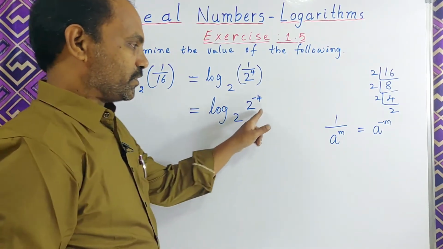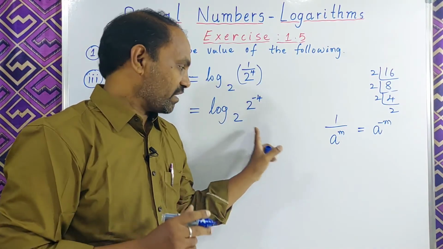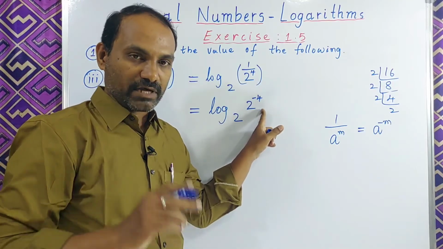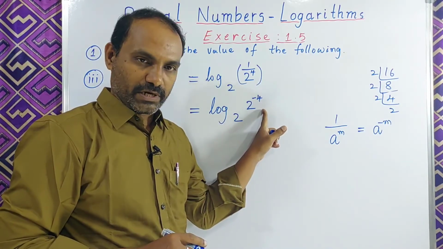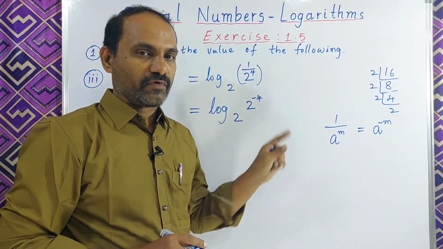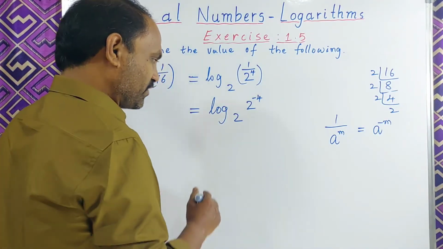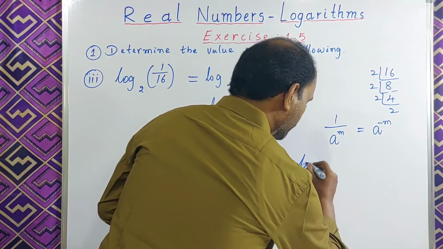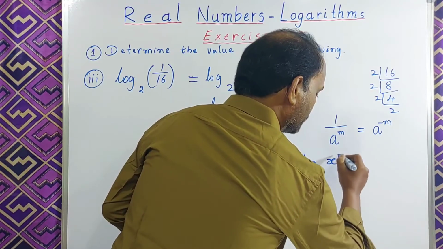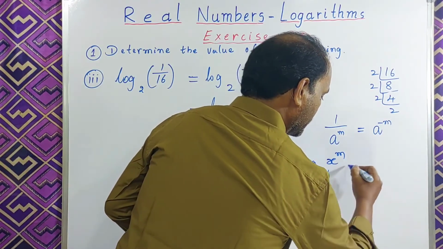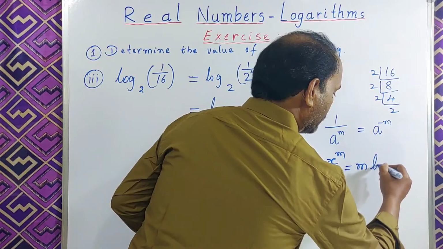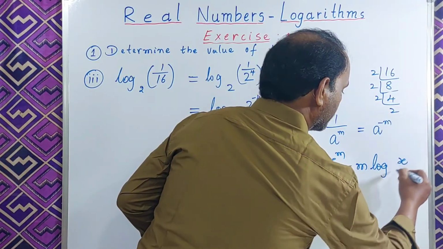Now here the base doesn't have any exponent, but the logarithm value has an exponent. Then which formula? Formula number 3: log x power m to the base a, you should write m log x to the base a.